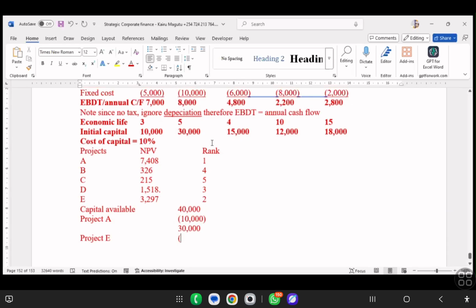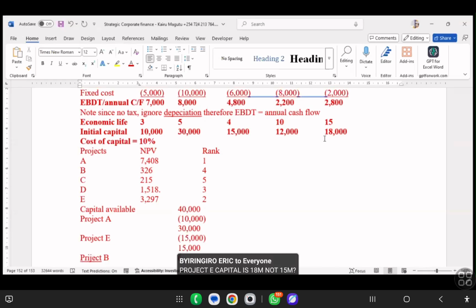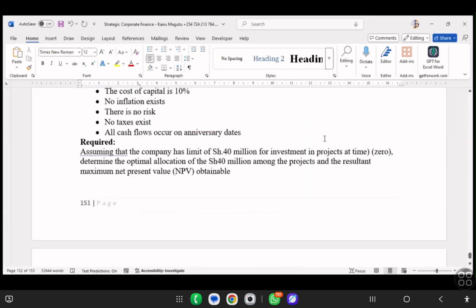Project E capital is 15. How much is remaining? It's 15, if I'm correct. Then the 15 is available to undertake the next project, and the next project is D, is 30. But we only have 15. Go back to the question and check this statement.